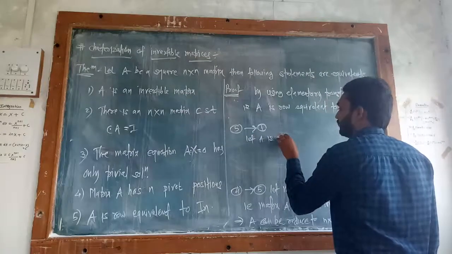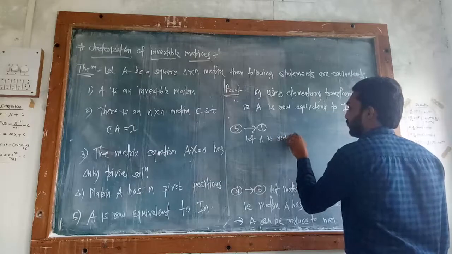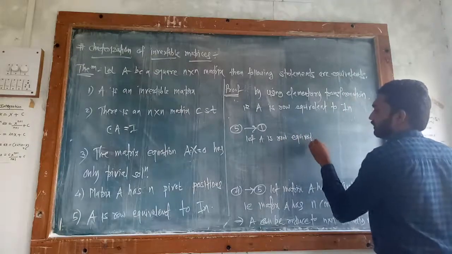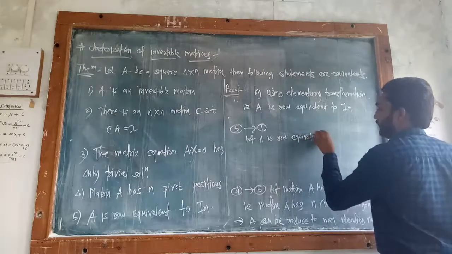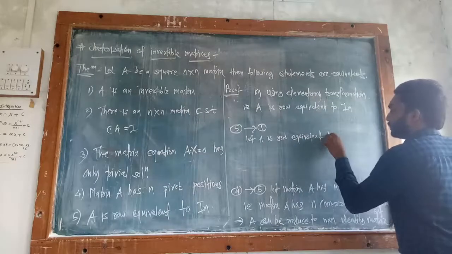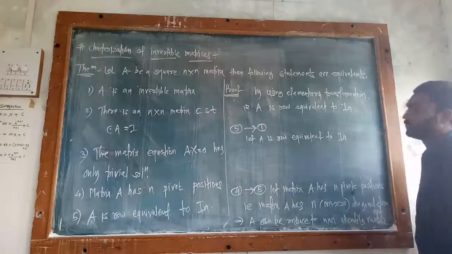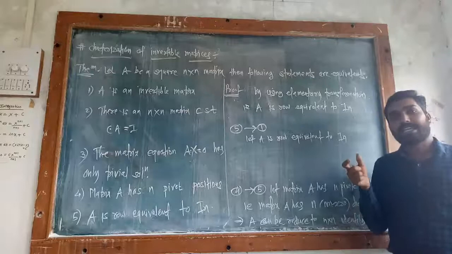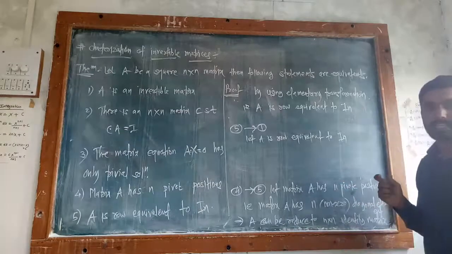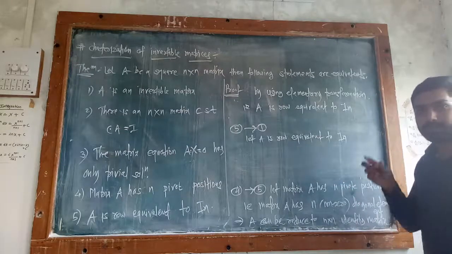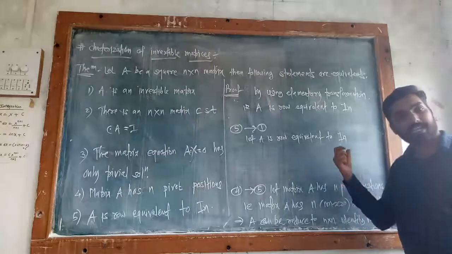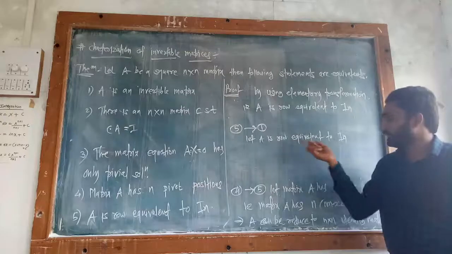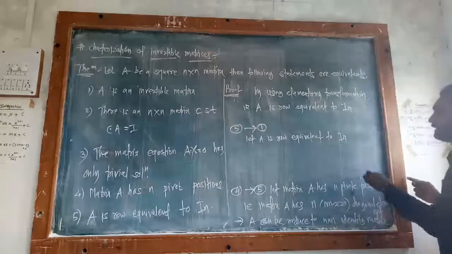In the previous lecture we have seen the theorem: matrix A is invertible if and only if A is row equivalent to the identity matrix. So this is an if and only if theorem.